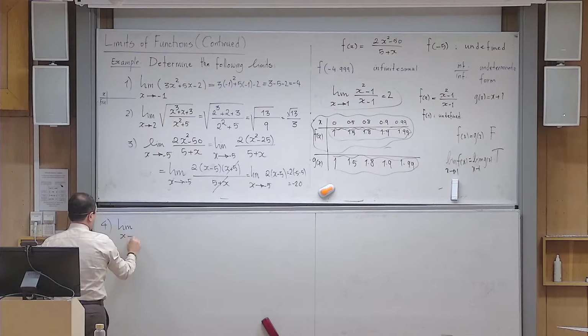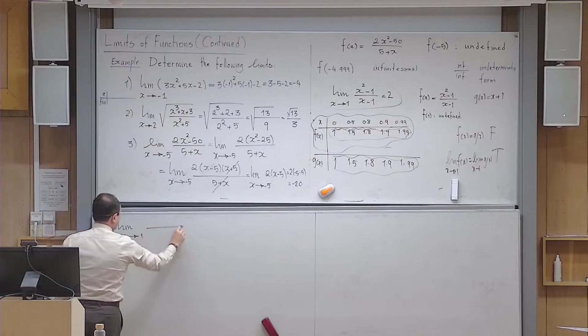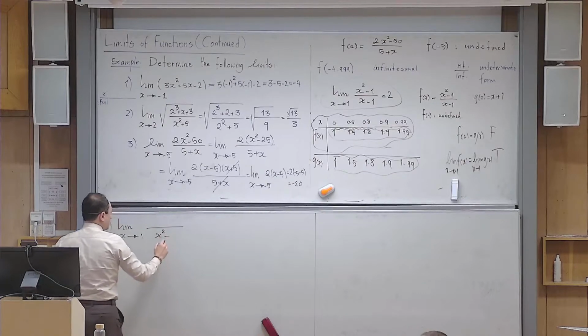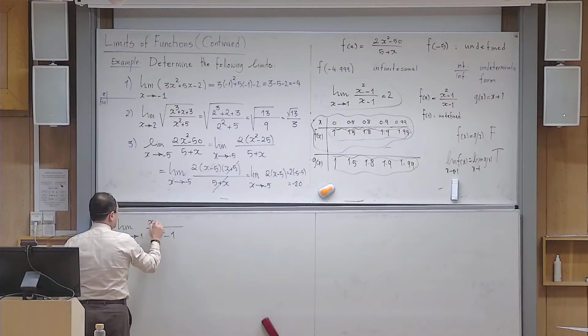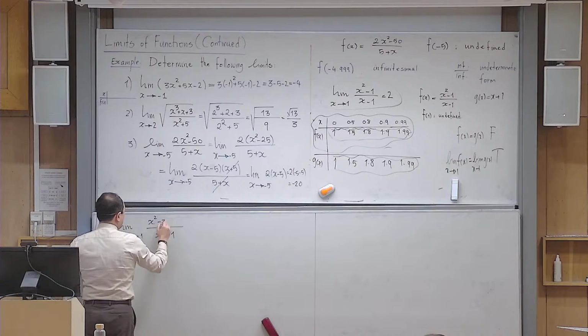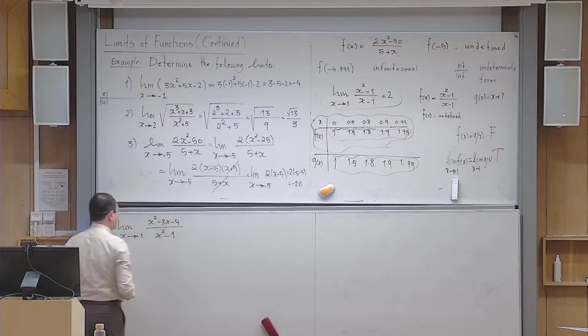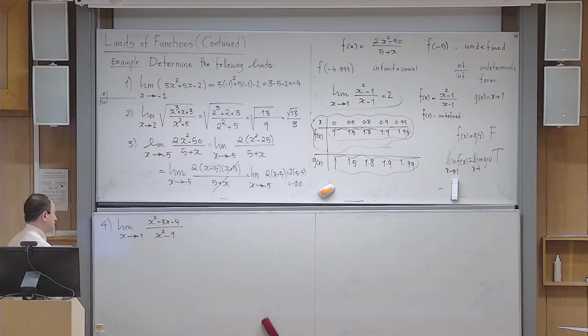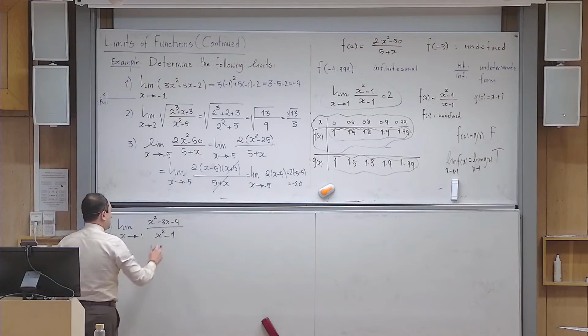Limit as x goes to 1 of x squared minus 1 over x to the power of 2 minus 3x minus 4. Let me think a little bit. No, let me make it positive 3.